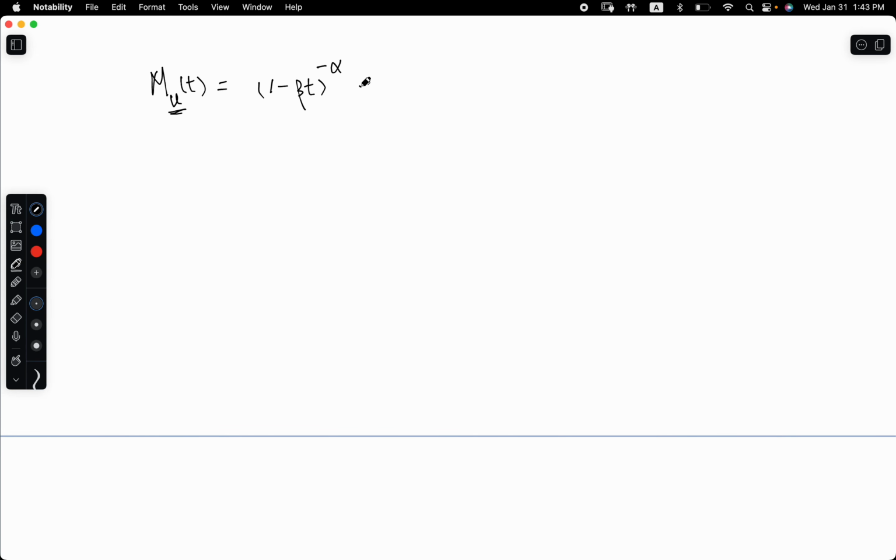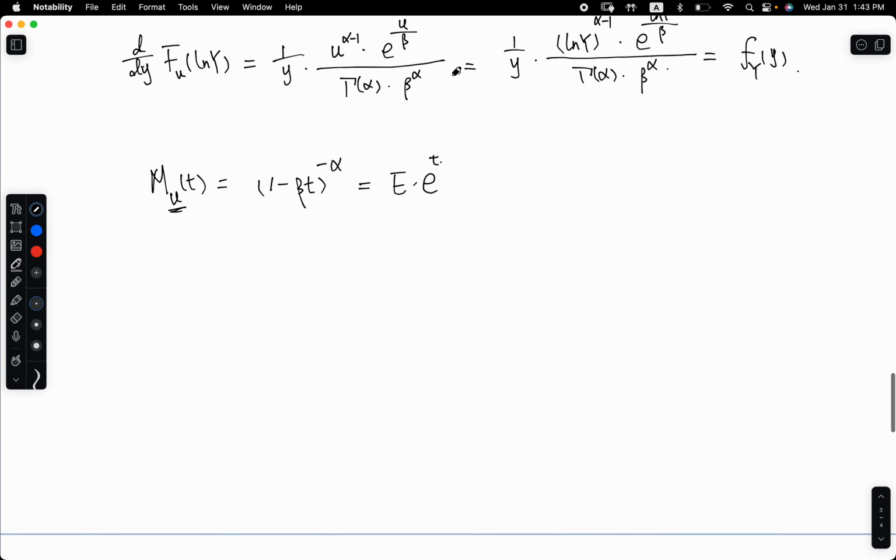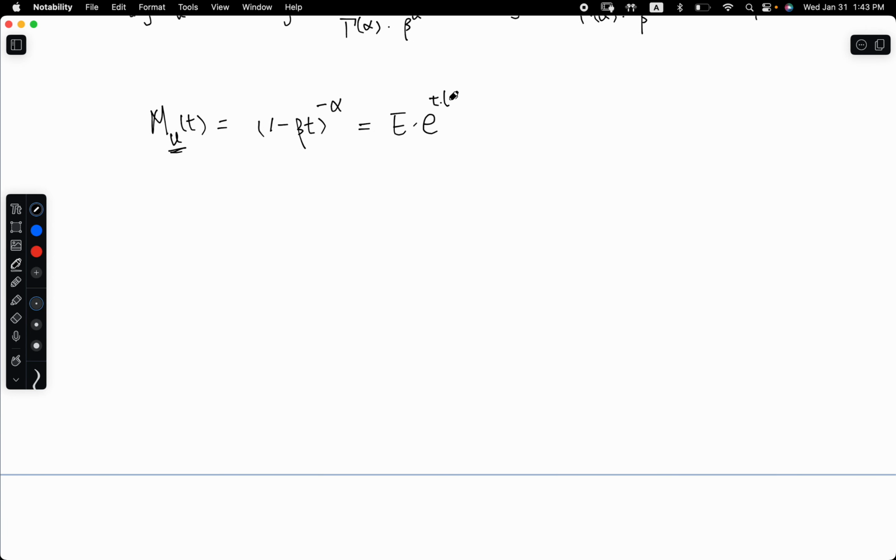Let's also set up another equation, the expectation of exponential of t multiplied by u. But here we need to make the change for u, which is the log of y. So we bring the log of y inside.